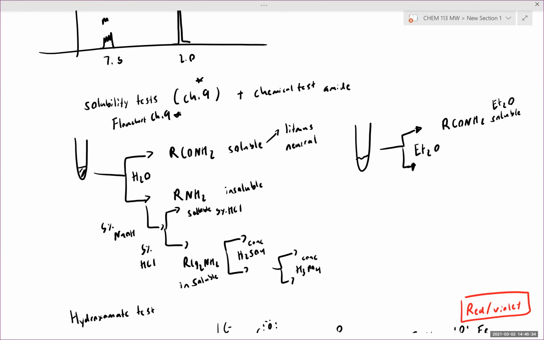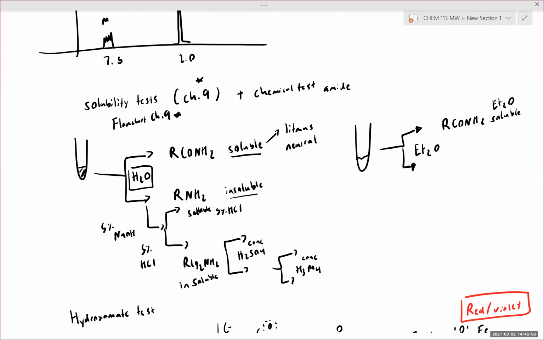So fundamentally, solubility tests are useful for assigning the chemical identity of different compounds. Water solubility is a key differentiating factor, and we find that amides are water soluble while amines are not. So we can differentiate between our reactant and product based on the water solubility.